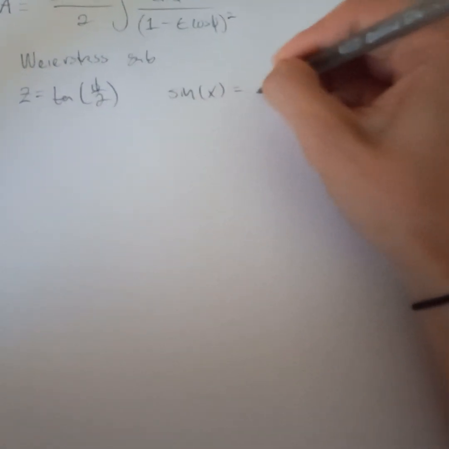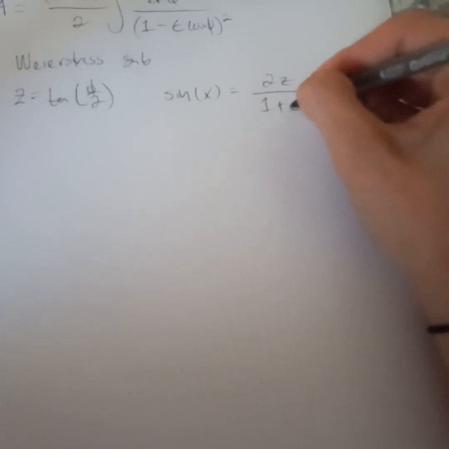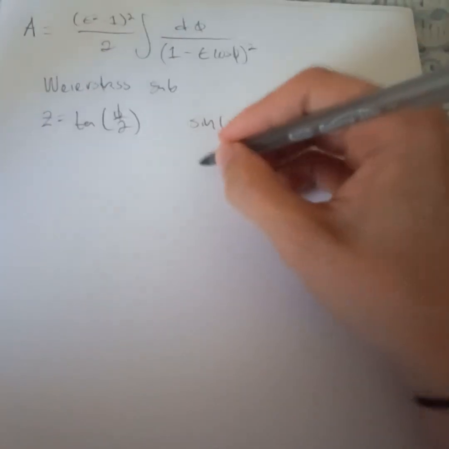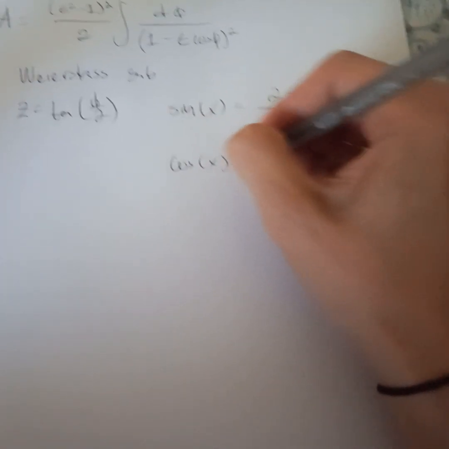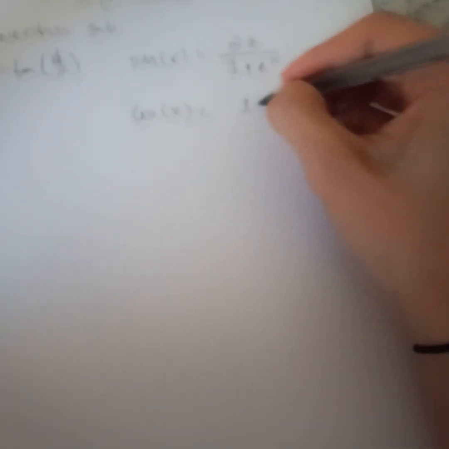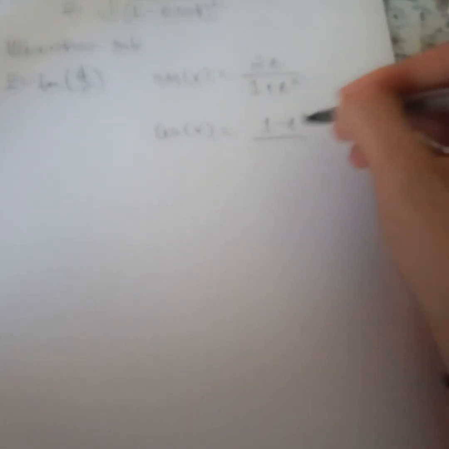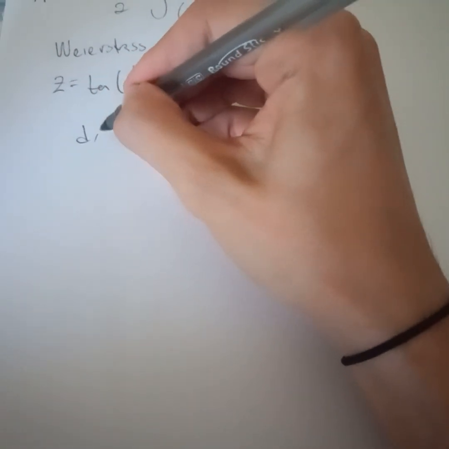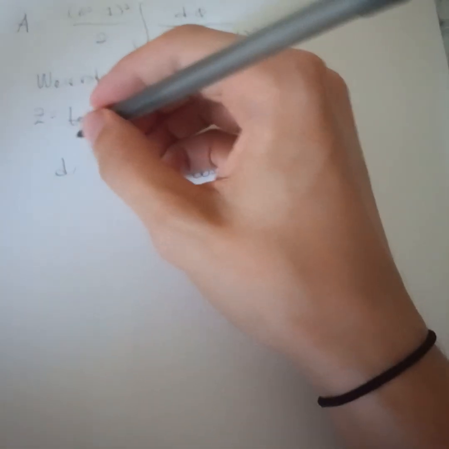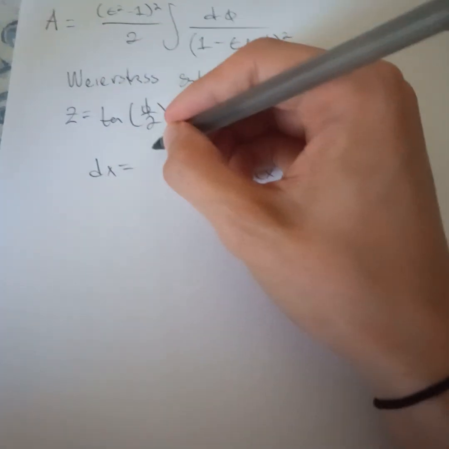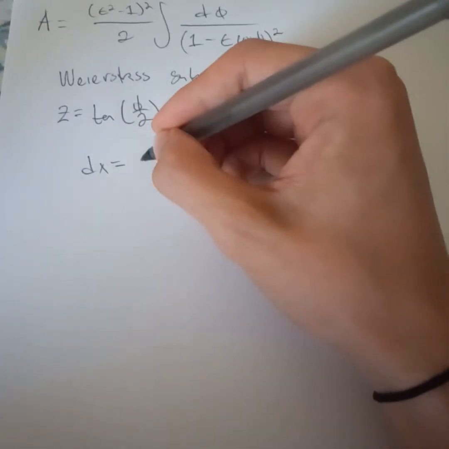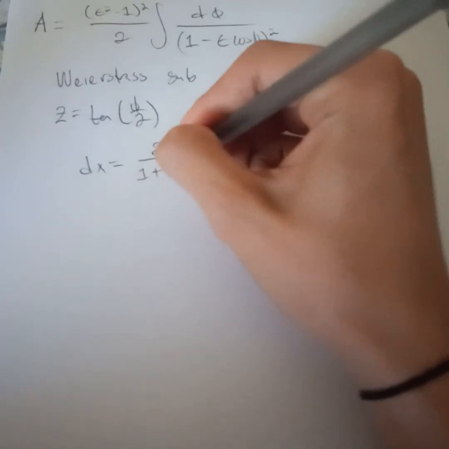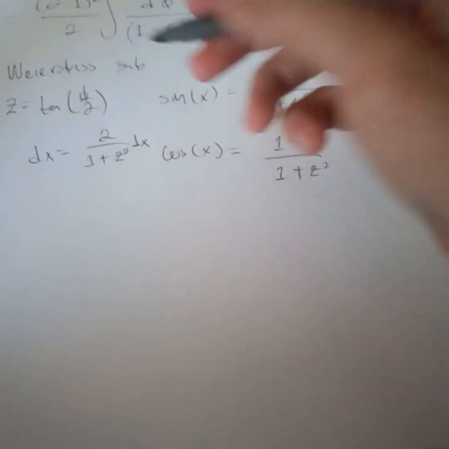And you have the 2z is equal to 1 plus z squared, and then cosine. Now I have 1 minus z squared over 1 plus z squared, and then the dx here. dx is equal to 2 over 1 plus z squared dz.